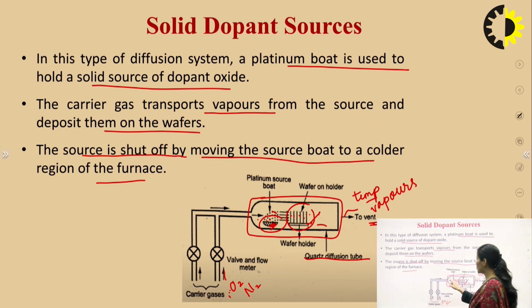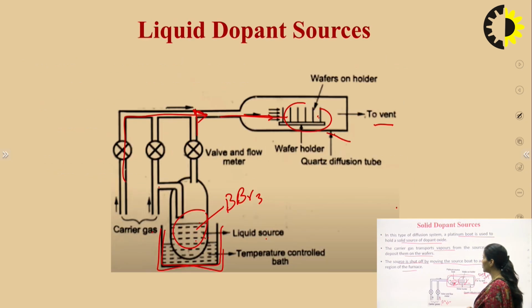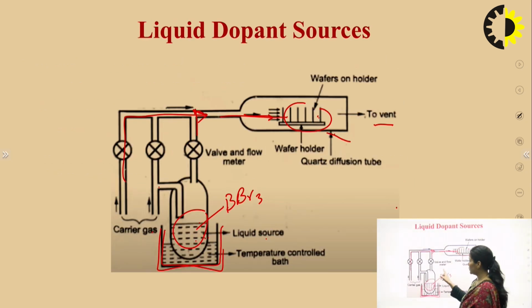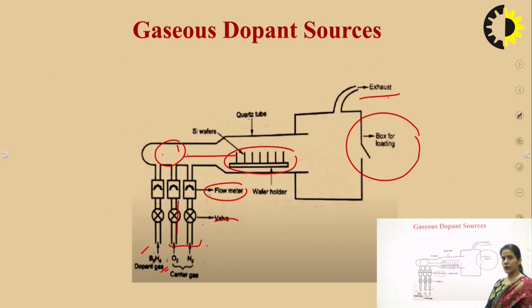The solid dopant source is available inside the boat. The liquid dopant source is available inside this tube, and a particular temperature is given to the liquid so that it can be evaporated. And in the third case, the dopant gas, that is diborane, is present in gaseous form and is carried using these two carrier gases towards the wafer holder.